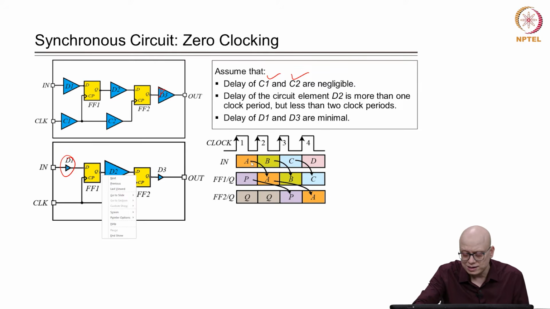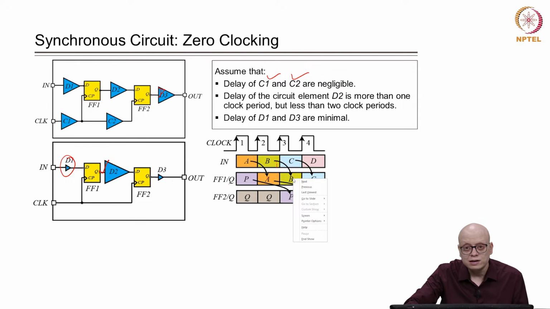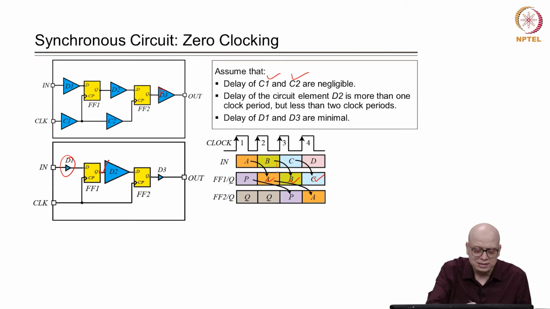So whatever was at A will go to FF1Q in the next clock cycle, and whatever comes in the second clock cycle will come at the output in the third clock cycle, and so on. So there will be no change at the output of FF1Q.